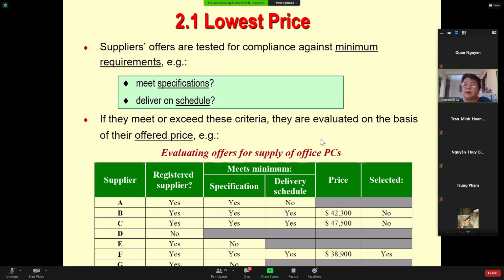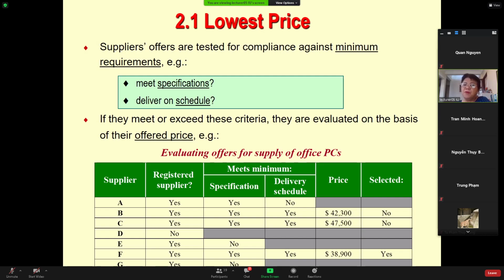Here are some ways to show you how you do the evaluation based on the lowest pricing. The supplier offers are tested for compliance against the minimum requirement.